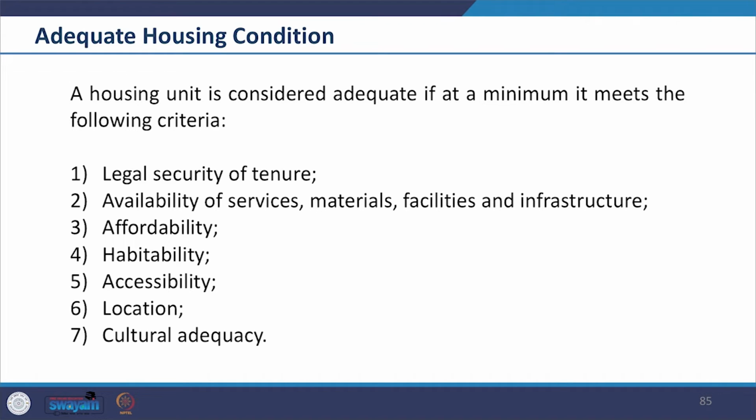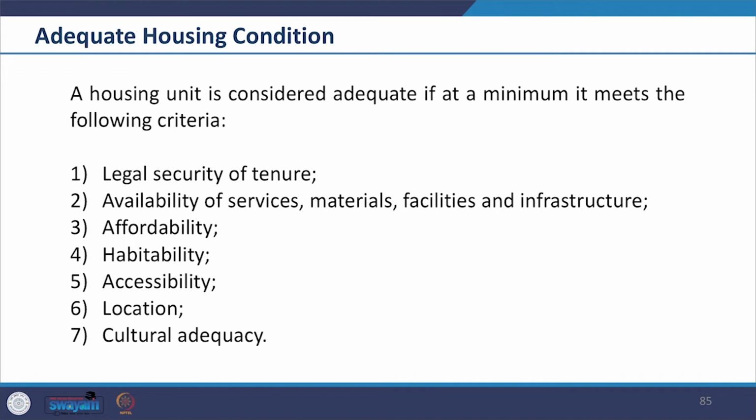Second, we see availability of services, materials, facilities and infrastructure, including safe drinking water, adequate sanitation, energy for cooking, heating, lighting, food storage or refuse disposal. Third, affordability, as a house is not adequate if its cost threatens or compromises the occupant's enjoyment of human rights.